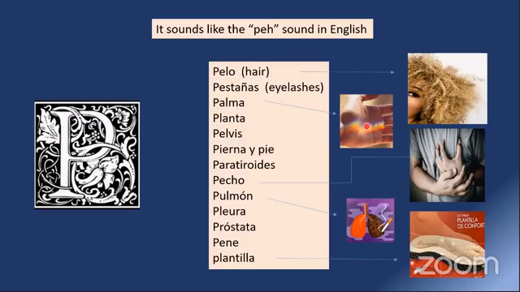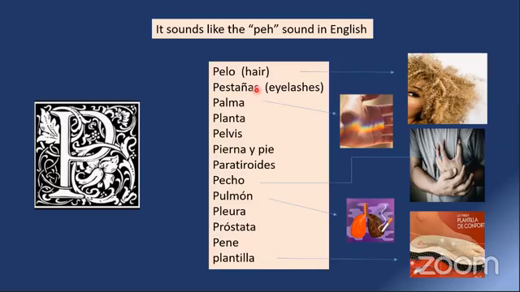Palma, that's palma. What is planta? Planta has different meanings. Planta is the lower part of your feet, the one that makes contact with the floor, the sole. But planta in Spanish also means a plant. My cactus, my hydrangea, my roses, my tulips, that's a planta. But if the patient is telling you, tengo dolor, I have pain, or they tell you, me duele la planta, let me write this for you.